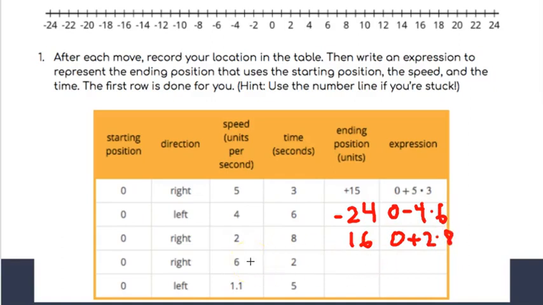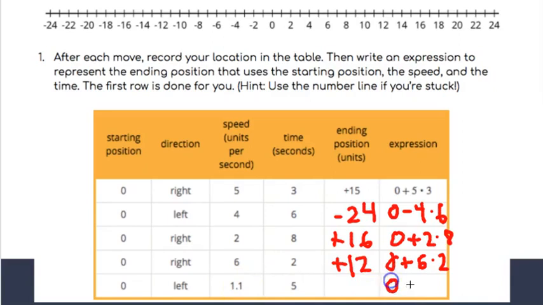Same thing here, right? This is going to be a positive 12, because we're starting at 0, and then we're adding to the 0 6 units every second, and we're moving 2 seconds. Then here we're talking about moving to the left.